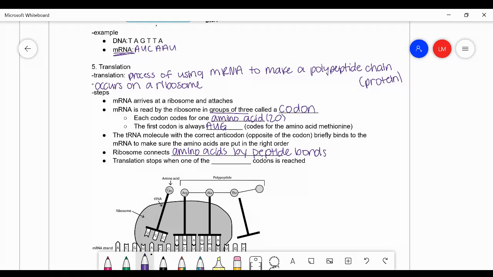And then translation is going to continue until one of the stop codons is reached. We'll see what those are later. So there is one start codon, but there is more than one stop codon. It doesn't matter which one you hit. That is when we say, okay, we're done translating. This polypeptide chain is complete.